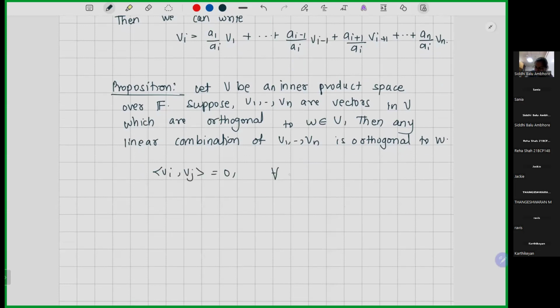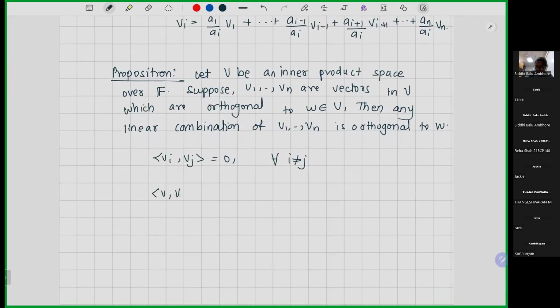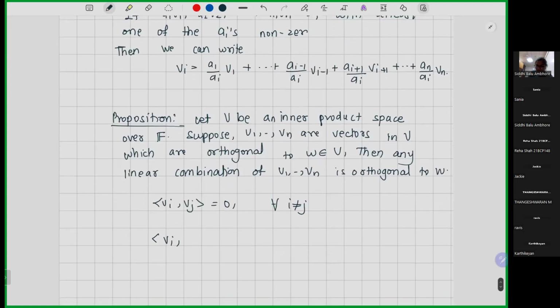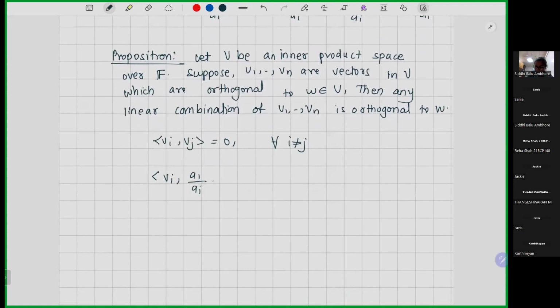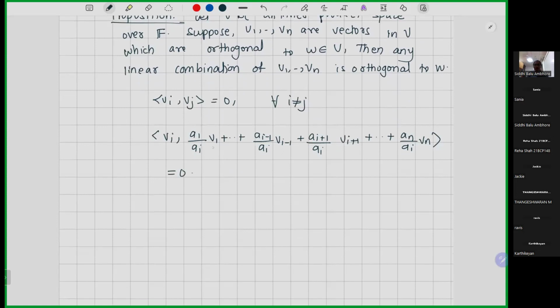Okay, so since Vi, Vj is 0 for all i not equal to j, therefore we get that Vi, this element here which we obtained, that is Vi, a1 by ai V1 plus ai minus 1 by ai Vi minus 1 plus ai plus 1 by ai Vi plus 1 up to an by ai Vn, this becomes 0, because the W here, or this element here, is just a linear combination of all the i not equal to j elements in the set S. Okay, so this becomes 0.